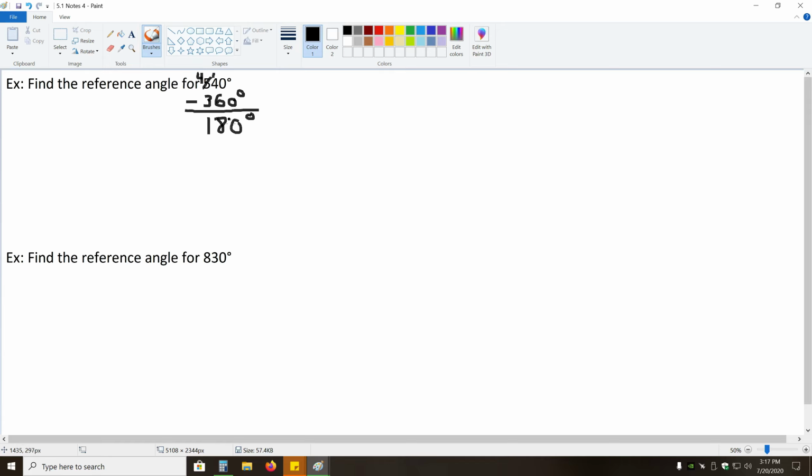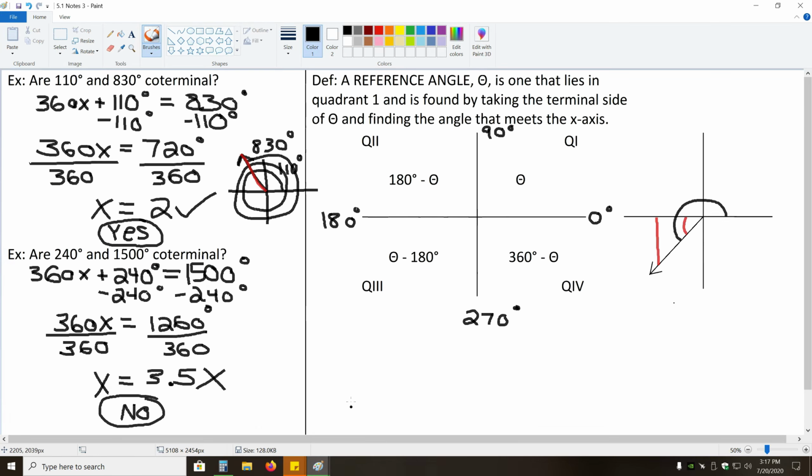All right, so now that we have 180 degrees, we have to check, is this between 0 and 90? It is not, so we need our reference angle. So, which formula do we need to use for 180 degrees? Well, 180 degrees is right here. It's one of our quadrantal angles. So we can use either formula it's connected to, 180 minus theta or theta minus 180.